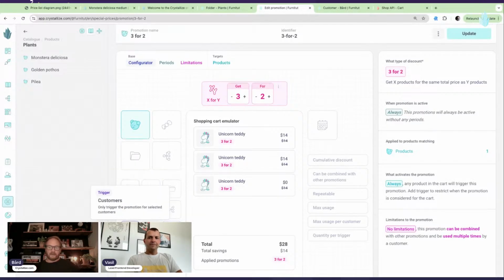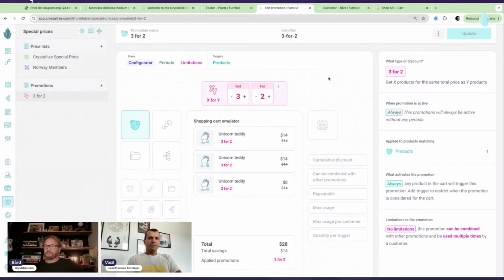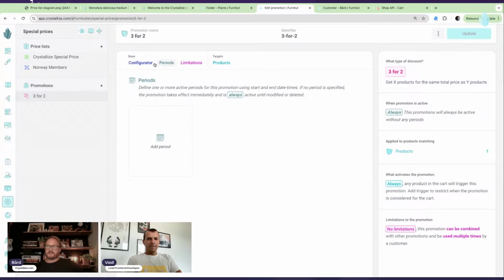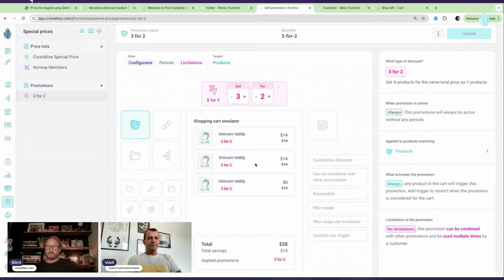And here you can do things like if I'm a particular customer group, or coupons, and be very specific. But I guess this is a fair example where we basically have just 3 for 2 on Monstera, always available, and it will always be triggered.